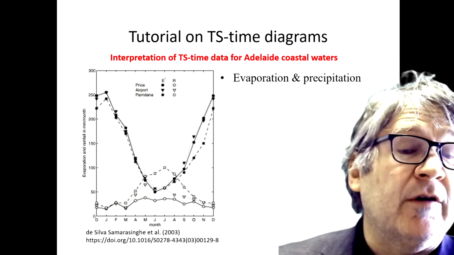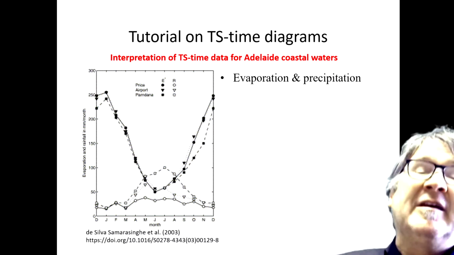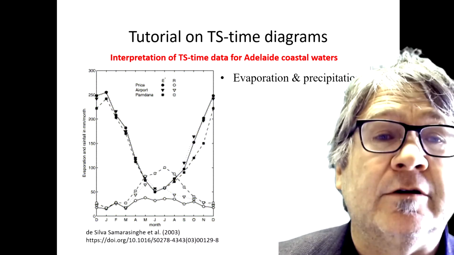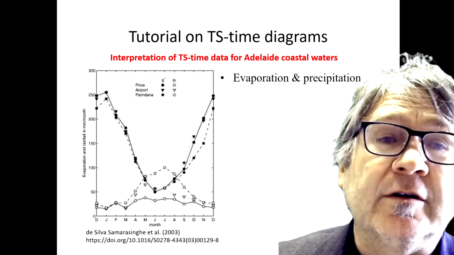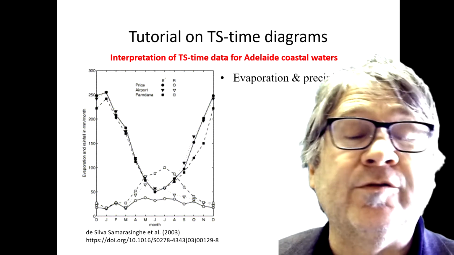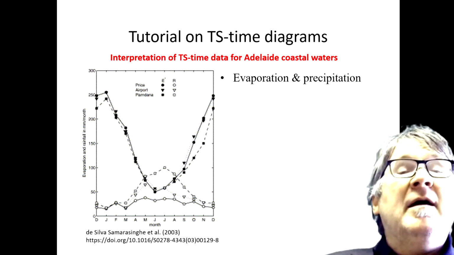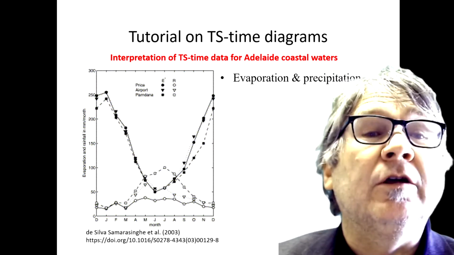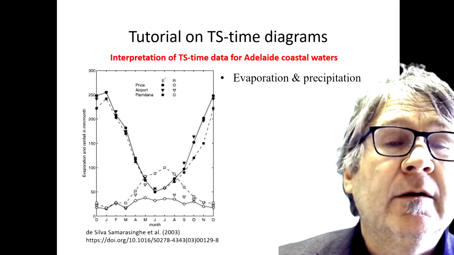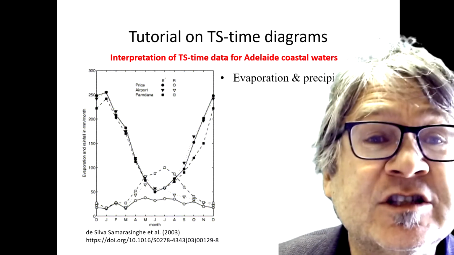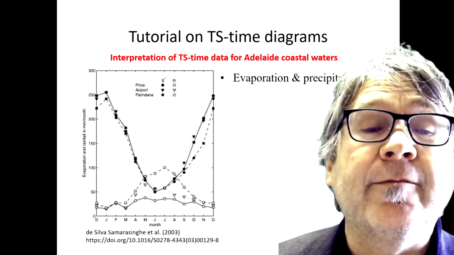You can estimate that over a year, you lose 1 meter of water. And so what happens then with the salinity? If you lose water, you lose the fresh water, the salt stays behind, and the salt concentration increases.